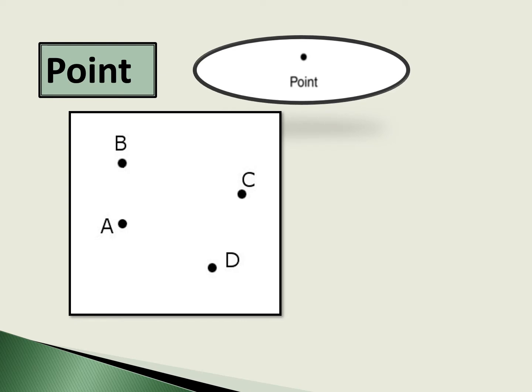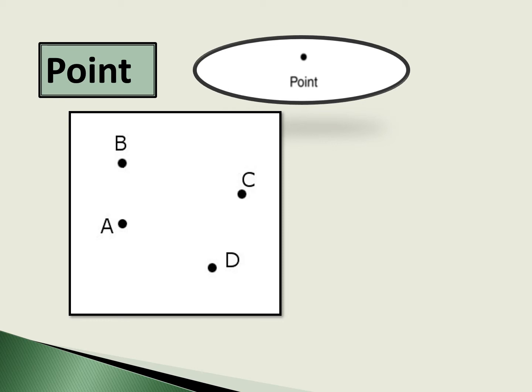The first geometric term about which we are going to talk is a point. A point is the basic unit of geometry. It shows an exact location. We represent a point with the help of a dot and name it with a capital letter.